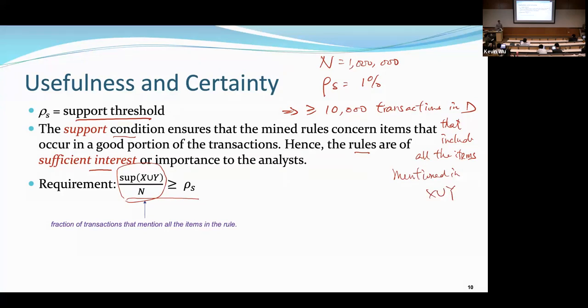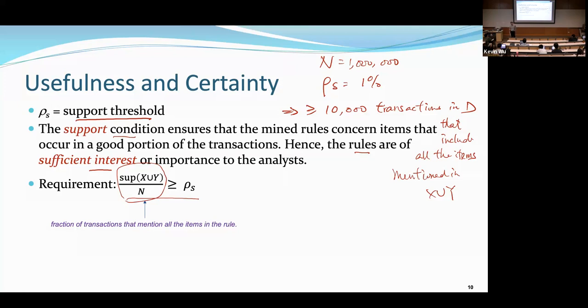If you think about it, the reason why we have this support requirement is that we want the rules that we report to the manager to be about those items that are popular. So if an association rule includes items in X and Y whose support doesn't satisfy the support requirement, it means that those items are not being purchased very frequently.